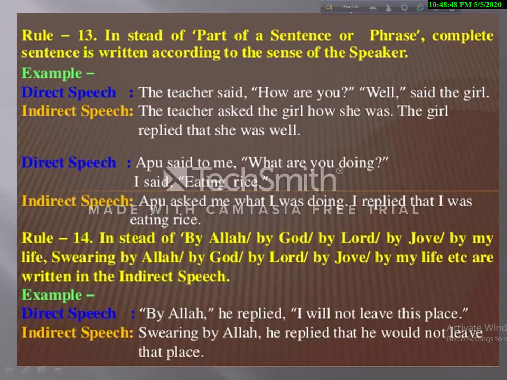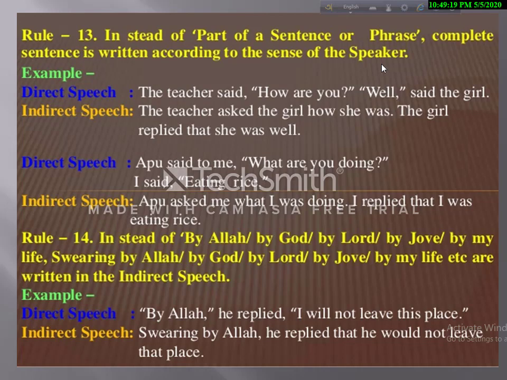Okay, next, rule 13. Instead of part of a sentence or phrase, a complete sentence is written according to the sense of the speaker. You know, direct narration or direct speech is the conversation actually. Okay, so at the time of making conversation, very often the speaker uses incomplete sentences.